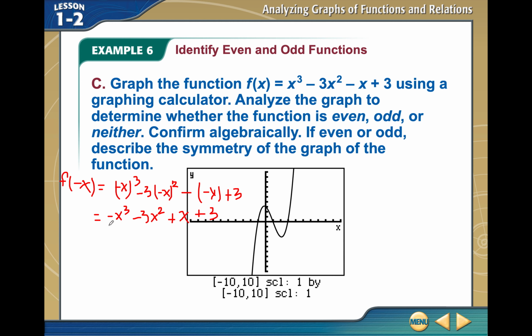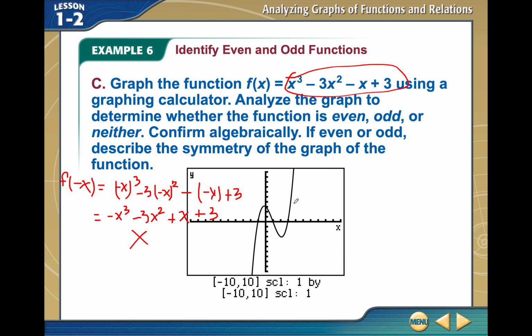So now look at this part. Is this the same as this one? It is not the same. This one is x cubed, this one is minus x cubed. Minus 3x squared, this one is minus x, and this one is plus x. Since it is different, then f of minus x is not equal to f of x, and this means it is not even.